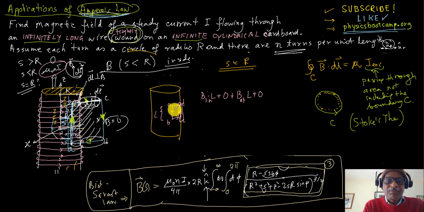Now, I enclosed is 0 because the current is right at the boundary. This is all mathematical. So at the boundary, that is equal to 0, so this added up should equal 0.